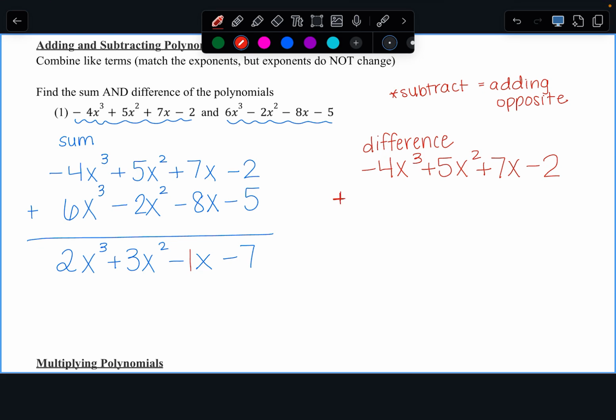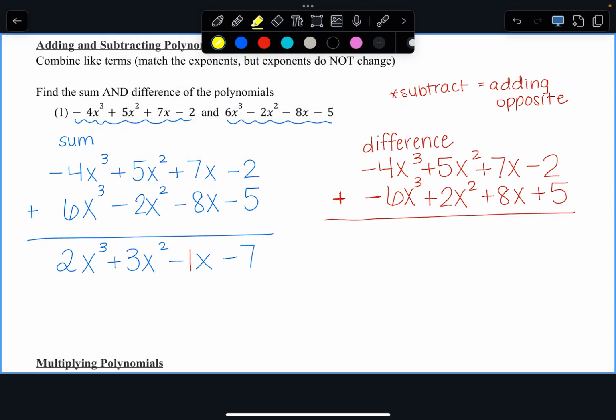So if I put plus, this would be a negative 6x to the third. A positive 2x to the second. A positive 8x. And a positive 5. You are changing the signs of the entire polynomial expression that you are subtracting.